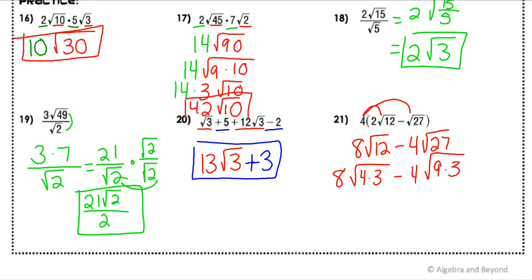So that would give me, let's see, the square root of 4 is 2 times that 8 that's already there is 16 root 3. And the square root of 9 is 3 times 4 is 12 roots of 3. So now I've simplified it so that I can combine those, and I would get 4 roots 3.